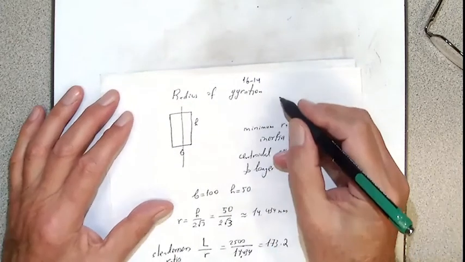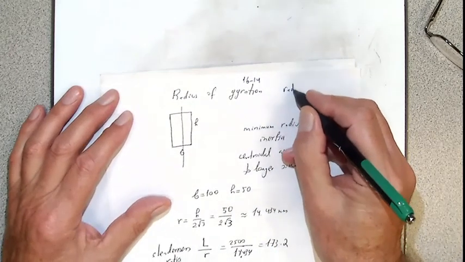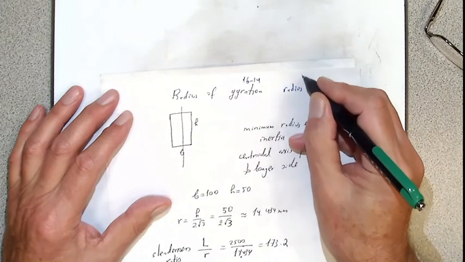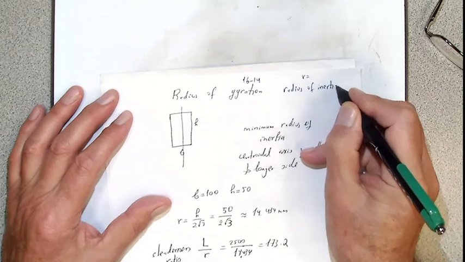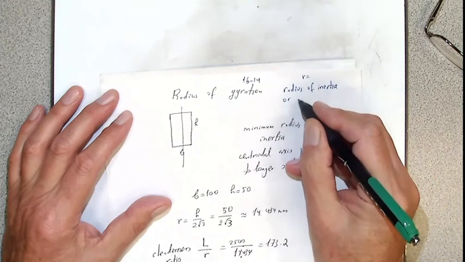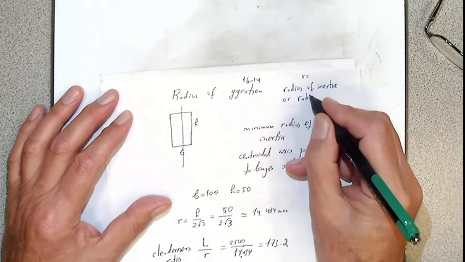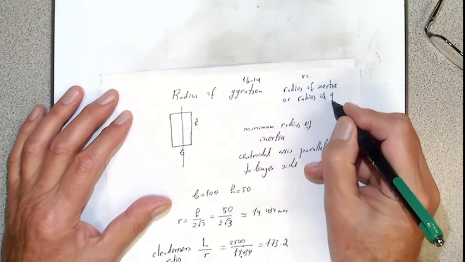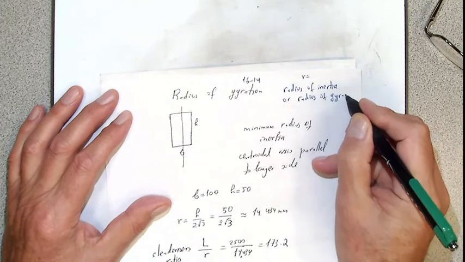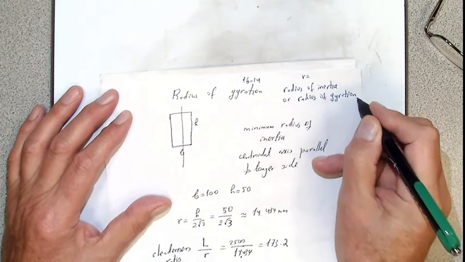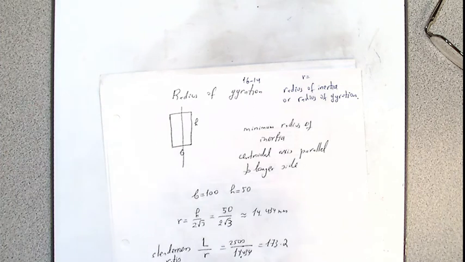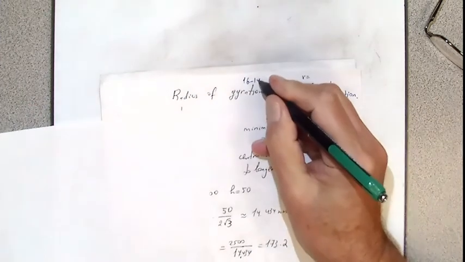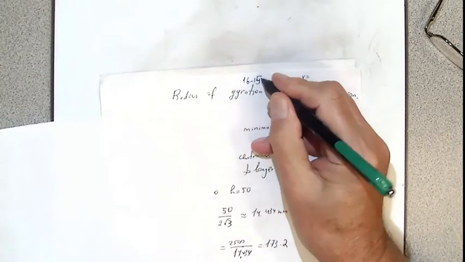So this is, as I said, radius of inertia, r, or radius of gyration. Now, pay attention. Maybe before that, maybe 16.15, 16.14.